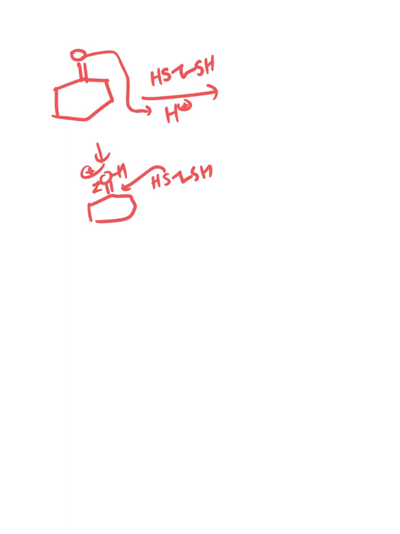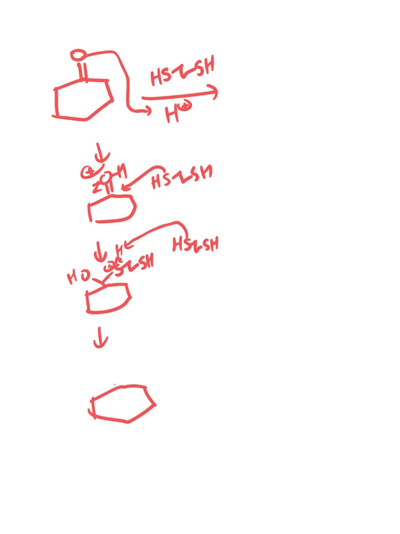It could be CH3SH. It could be an ethyl. Doesn't matter what it is. We just have to be consistent with what we're doing with it. So this gives us the OH, the SH. Then we remove the extra hydrogen to give us OH, the SH.